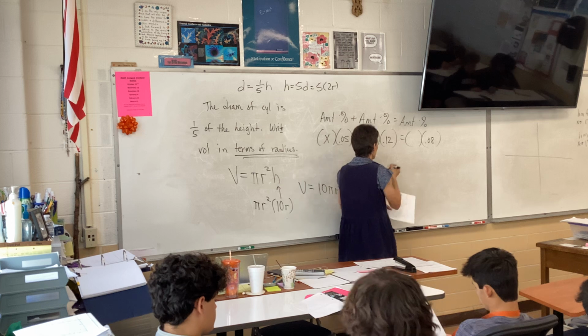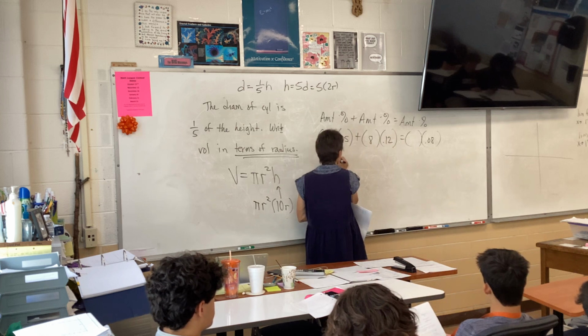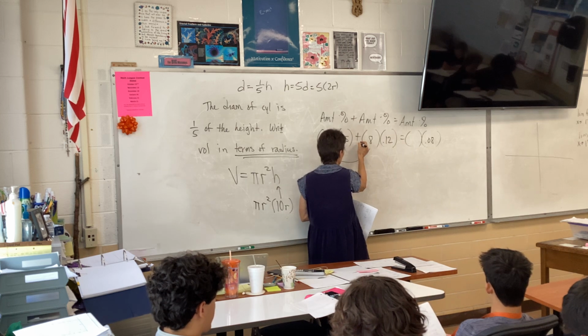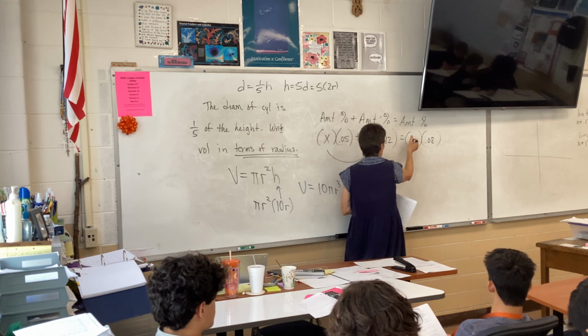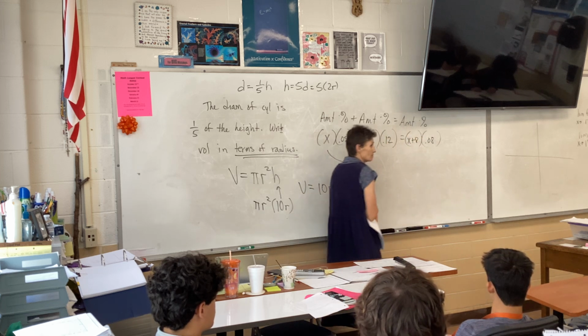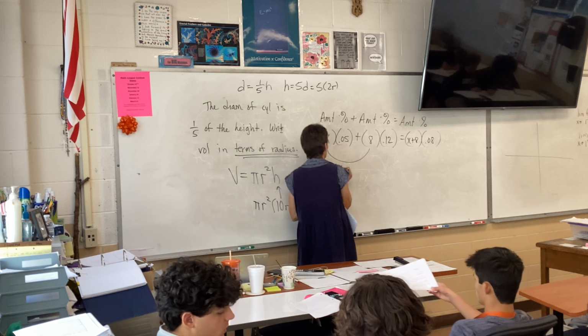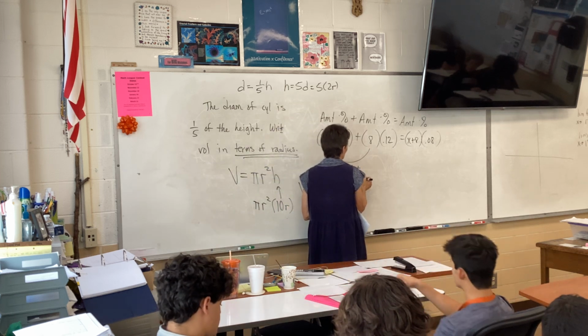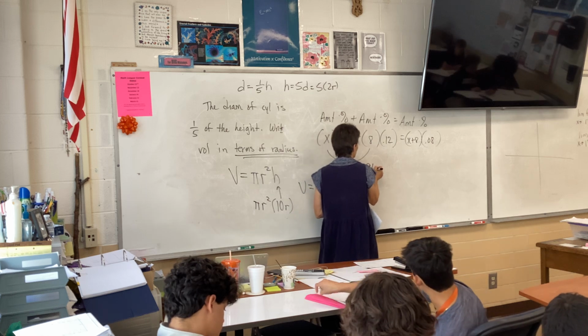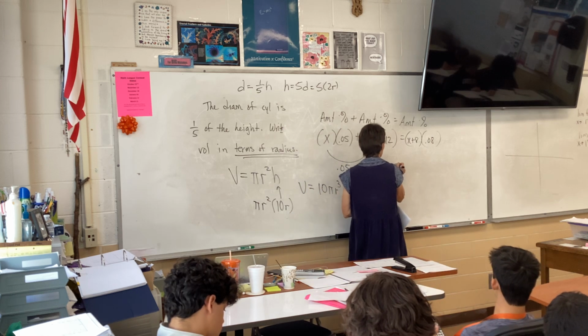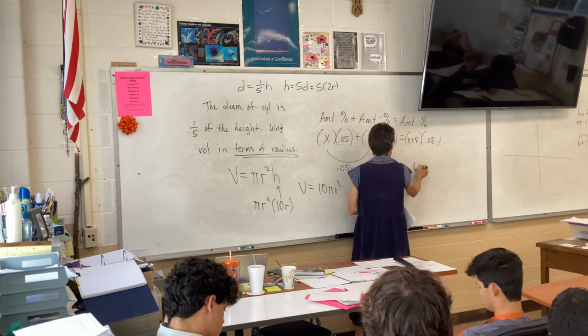Plus, and I don't know what this is, but it's these two added together. So X plus 8? So 0.05X plus 0.96 equals 0.08X plus 0.64.